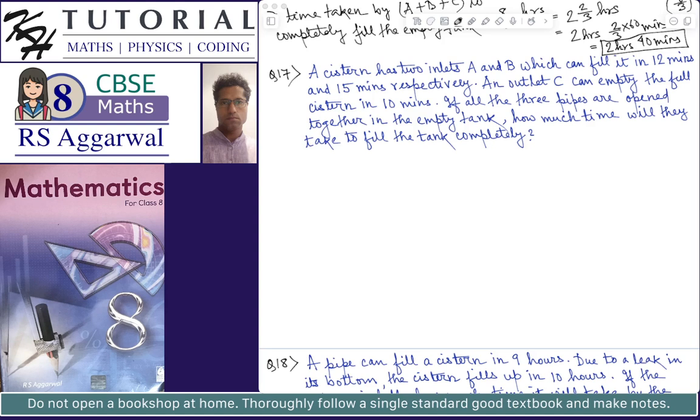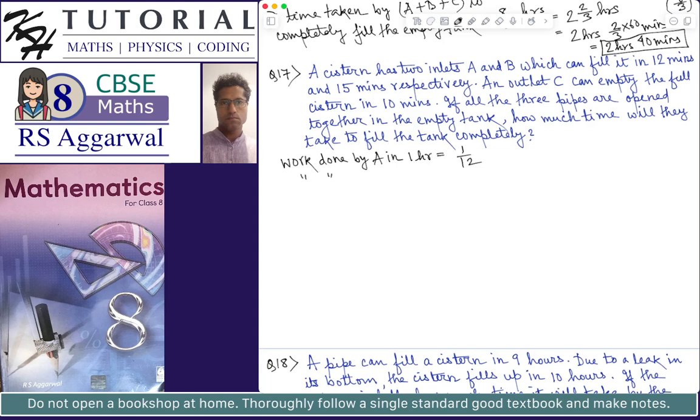So we have work done by A in 1 hour. Since A and B are inlets, the work done in 1 hour by these two taps, that is A and B, will be positive. So work done by A in 1 hour is 1 by 12.